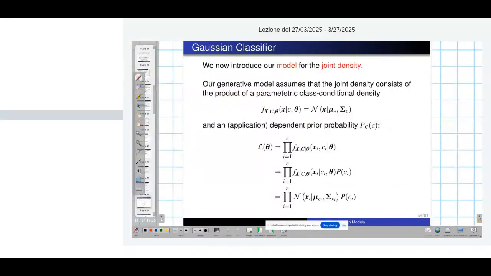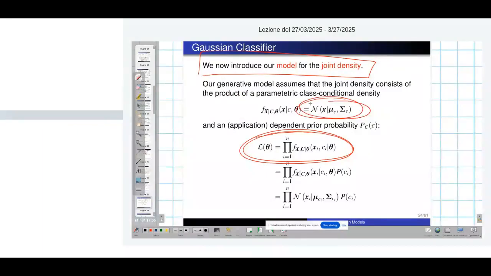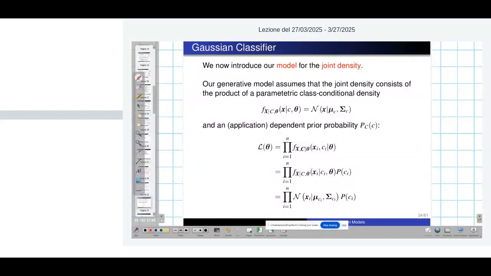Now we need to introduce our model. Before we can do that, we need to rewrite this in a way that highlights the dependency on the model parameters. Here we wrote it as just dependent on theta, but let's see how this depends on theta.